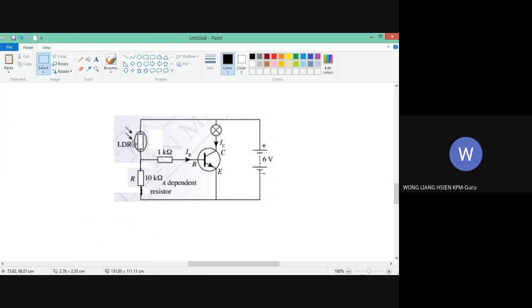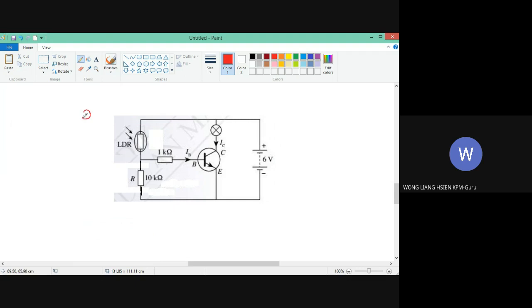Okay, change the places between the LDR and the resistor. So when you change place, you see what happens.